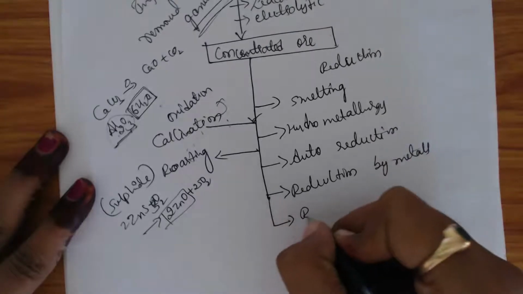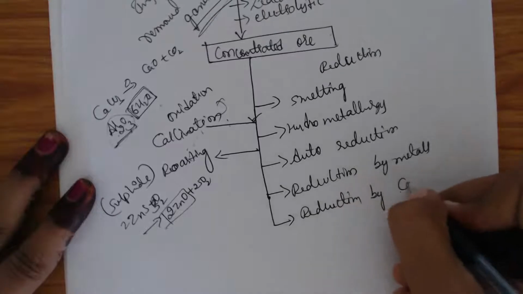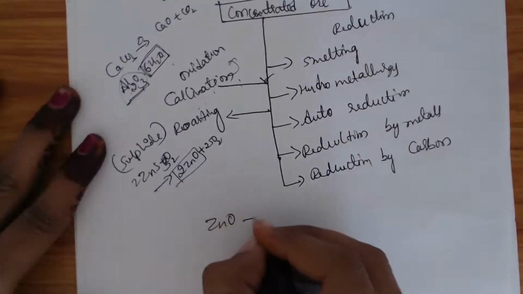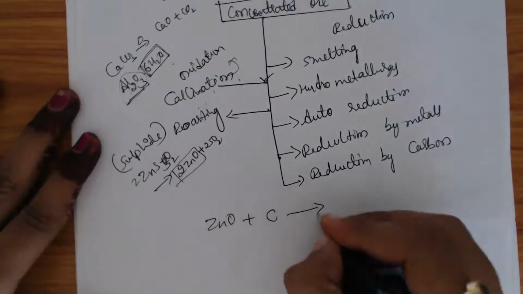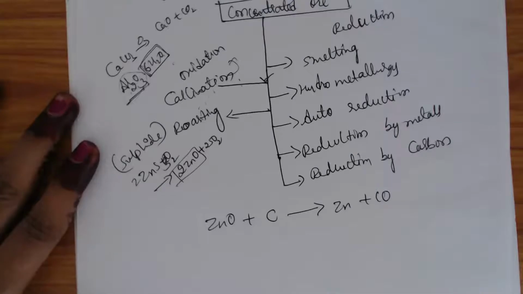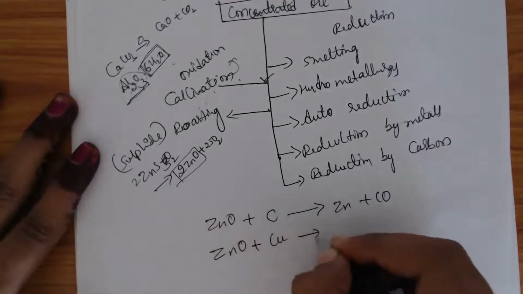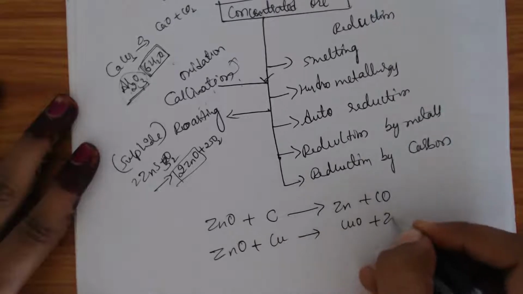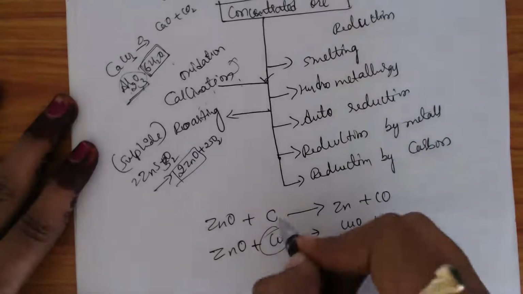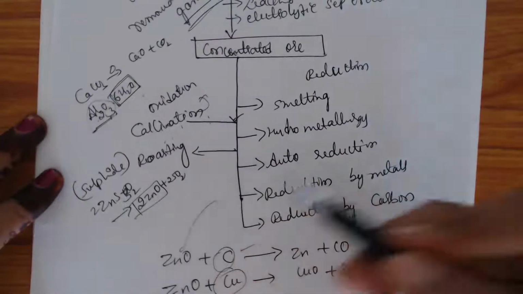And another one is reduction by carbon. For example, ZnO, if it is treated with carbon, forms zinc plus carbon monoxide. If zinc is there, it can replace copper, forming CuO plus Zn. This is the way, either by using metal or by using carbon, we can reduce the respective oxides.